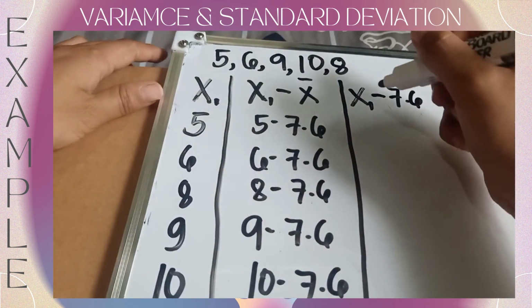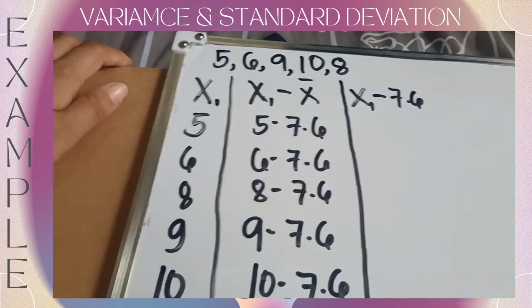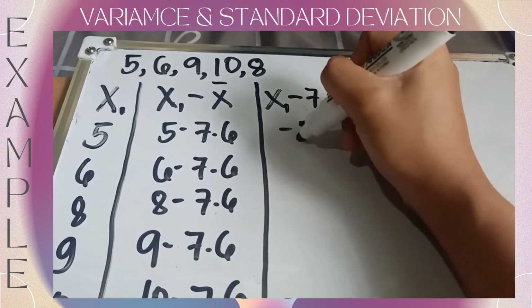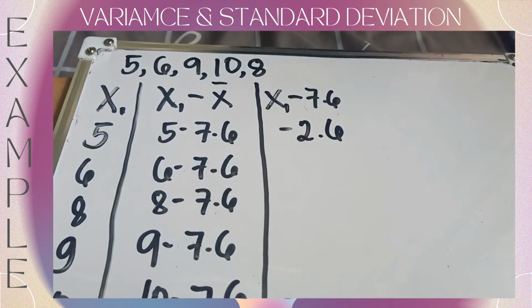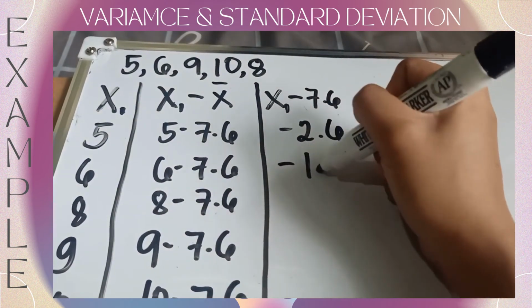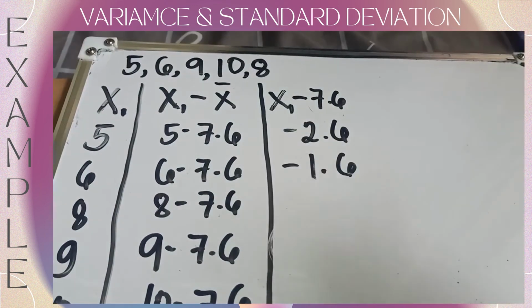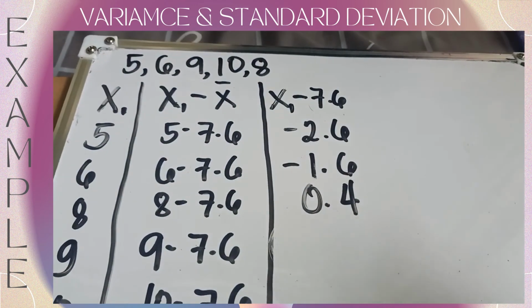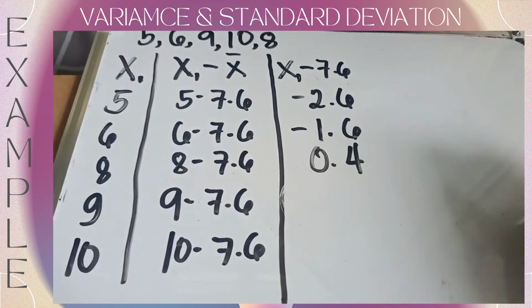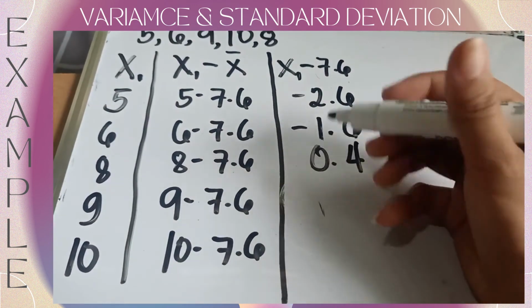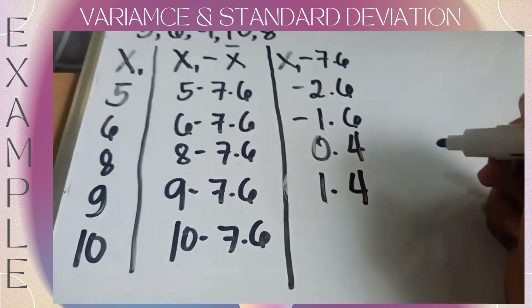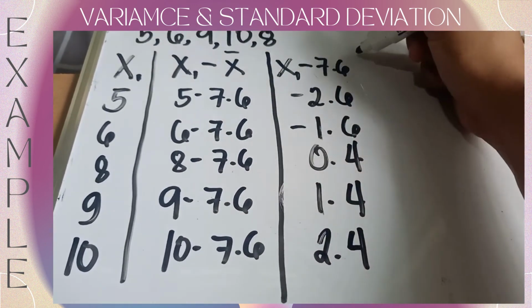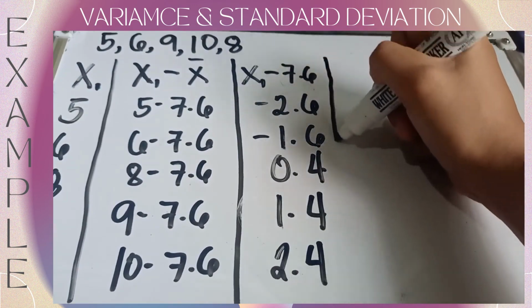So, dito na yung kanilang mga sagot. So, 5 minus 7.6 is equal to negative 2.6. Next is negative 1.6. Next, 8 minus 7.6 is equal to 0.4. Next, 9 minus 7.6 is equal to 1.4. And 10 minus 7.6 is equal to 2.4. Okay, so that is for this column.